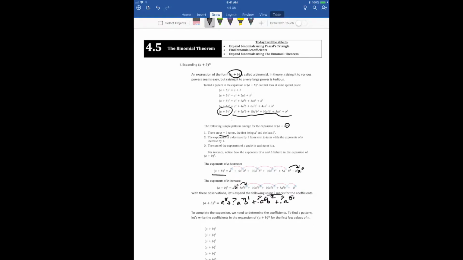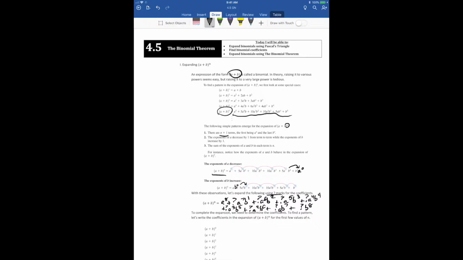And a keeps decreasing while b keeps increasing. Plus a to the 3rd, b to the 5th, a squared, b to the 6th, a to the 1st power, b to the 7th, and then b to the 8th.